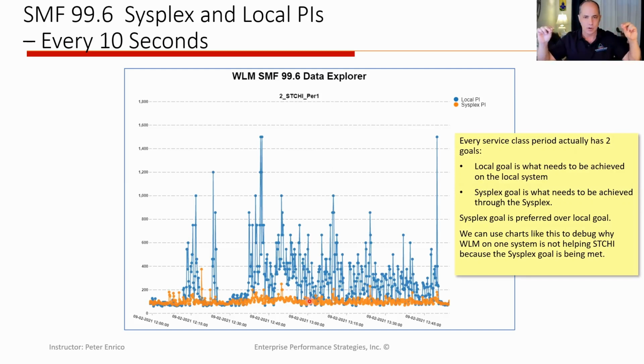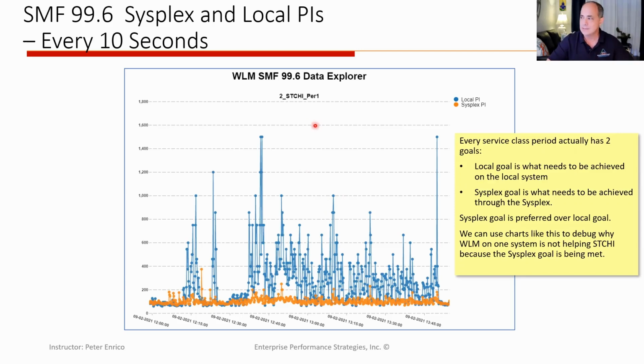How well is the work performing across the Sysplex? And we see it's doing pretty good. Here, we see the local PI is going up and down quite dramatically. It could be that, yes, throughout the Sysplex, STC high is doing okay, but on this one system, it's struggling. Why is it struggling? What is on this workload, on this system, that's causing STC high to struggle more during certain periods of time?